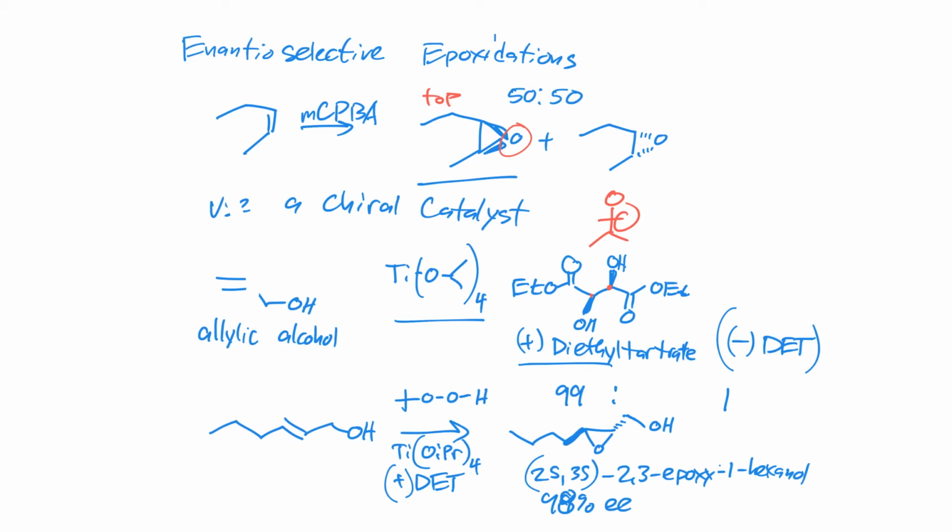So how do we know that we got the 2S, 3S version? Well, that comes from running the reaction. So once we've run the reaction with plus DET or minus DET a few times, we can start to generate a model that will allow us to predict which enantiomer is favored.